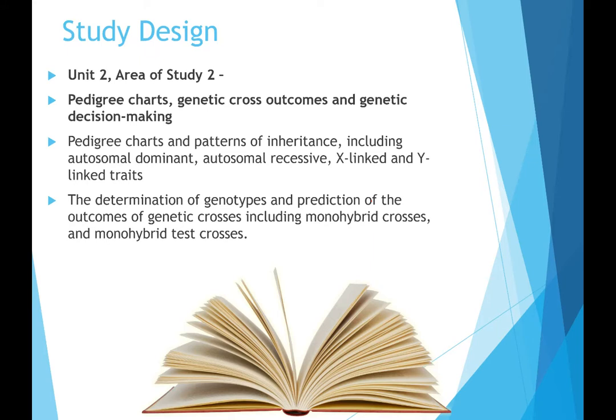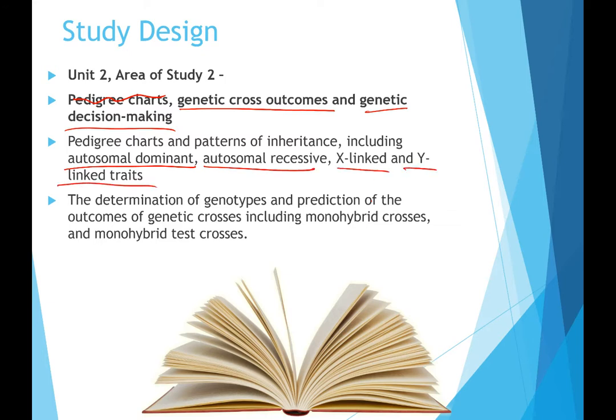All right. So in the study design, we're going through Unit 2, Area of Study 2. So pedigree charts, we're not going to go through that part. Genetic cross outcomes, we'll talk about that. And genetic decision making, we'll talk about a little bit. And then also pedigree charts and the patterns of inheritance, including autosomal dominant, autosomal recessive, X-linked and Y-linked traits.